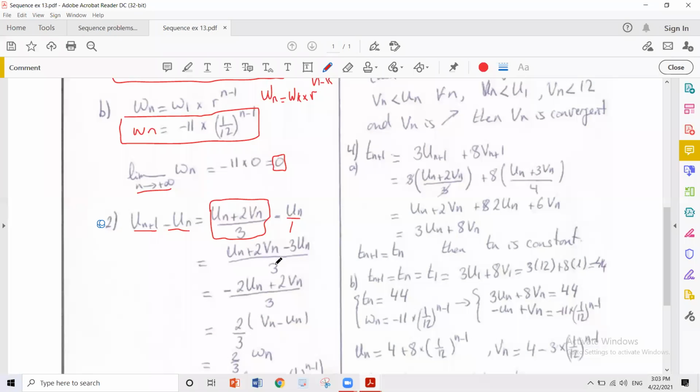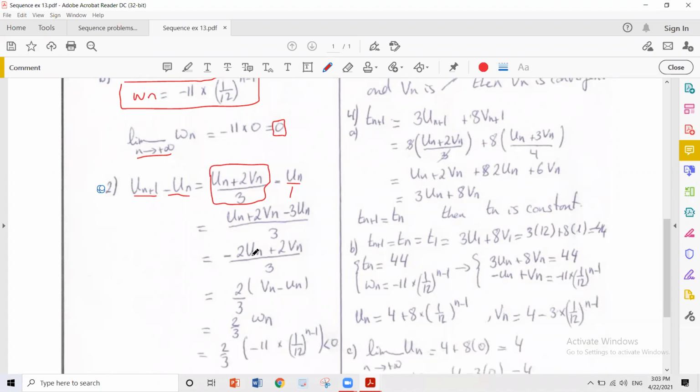The LCM is 3. So Un plus 2Vn minus 3Un becomes (minus 2Un plus 2Vn) over 3. We take 2 common, 2 over 3 times (Vn minus Un).